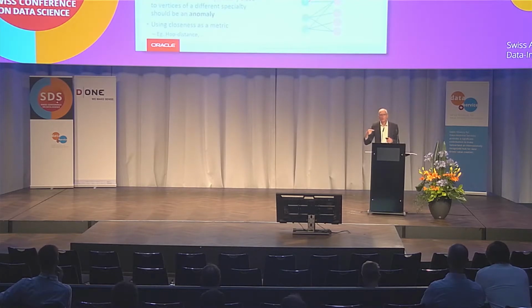Before I move to that, I would like to briefly, because not everybody is so familiar with the topic of graph analytics, go over how you can do anomaly detection with graph databases or graph analytics in general, just to give you a feeling of how this works and what is possible.